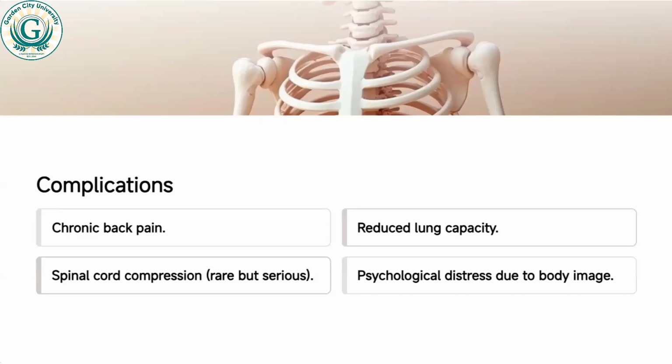So once you are not doing anything about the condition, it can lead into compression of your spinal cord. That's a severe and emergency case. Psychological distress due to body image. So once you look like this, you can't even join your peers when they are having conversations or going out because of your body image. So psychologically they become distressed.